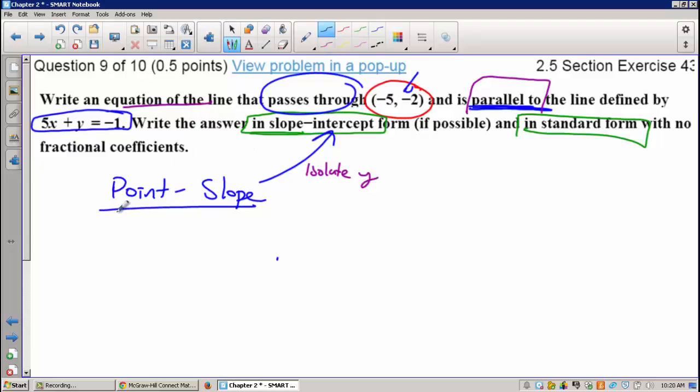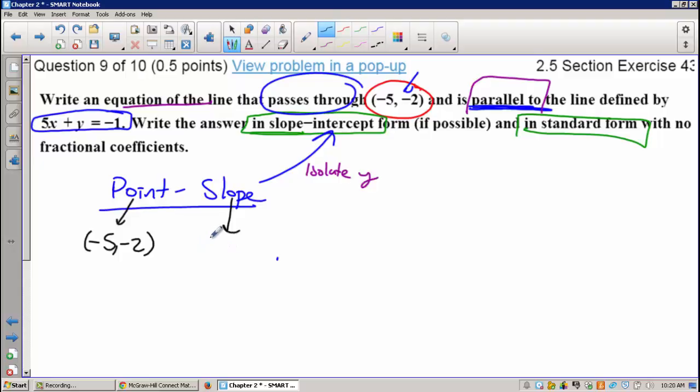Well, for point slope form, you need two pieces of data, a point and a slope. Are we given the point? Which is minus 5, minus 2. How about the slope? Are we given the slope? Yes, if you take the equation and isolate y.